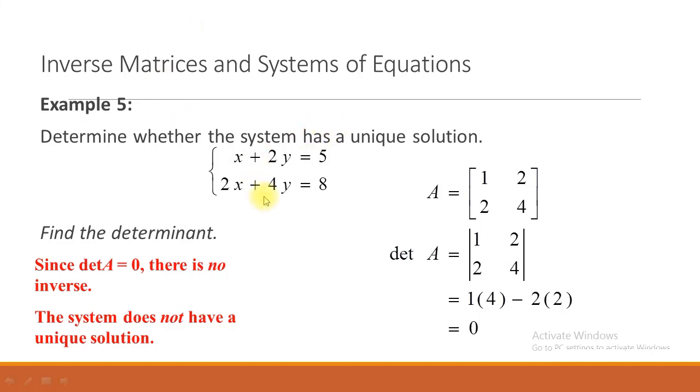But in this system, since the determinant of the coefficient matrix is 0, we cannot find the inverse of the matrix. So the system does not have a unique solution. Not having a unique solution means that maybe the system has no solution or has infinitely many solutions.